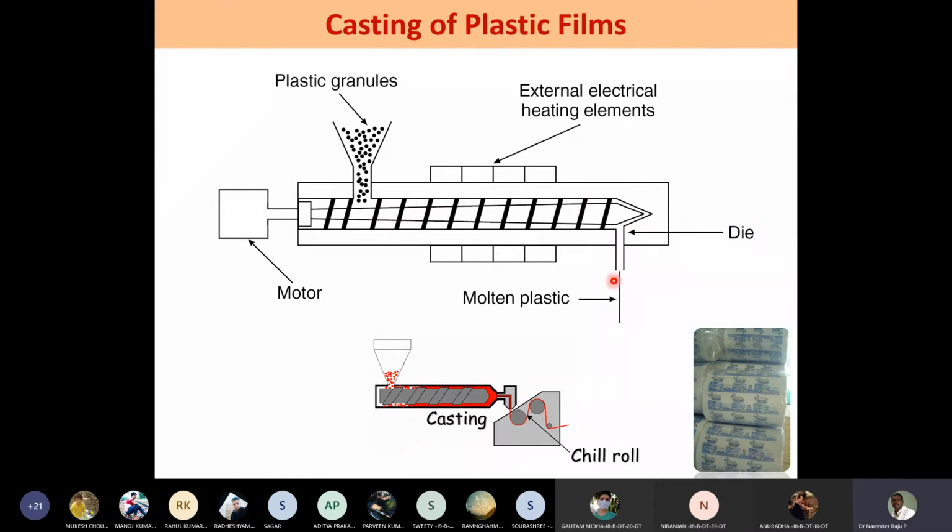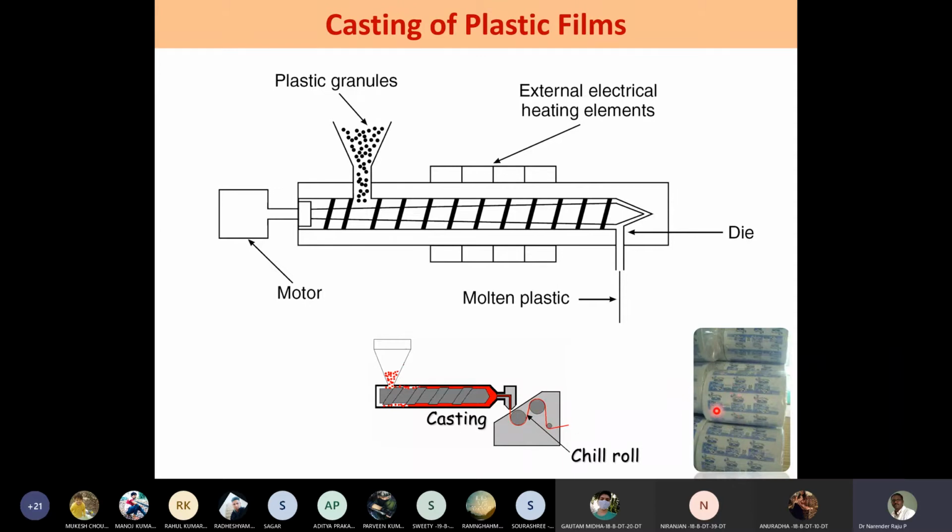Once this is extruded through a slit die, the molten plastic material is obtained and immediately rolled in chilled conditions so that the hot material is cooled immediately and its shape stays intact, with which you can obtain the rolled plastic film.